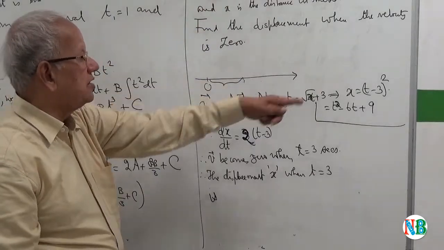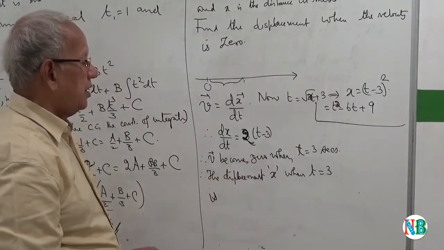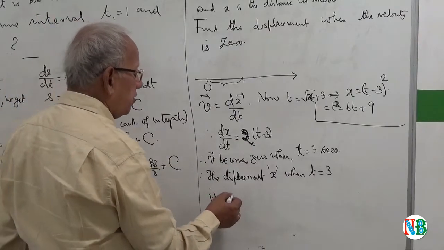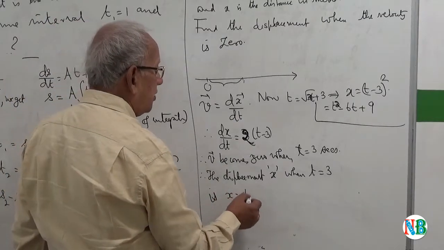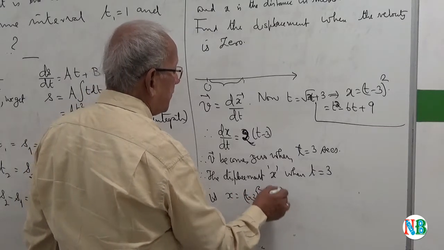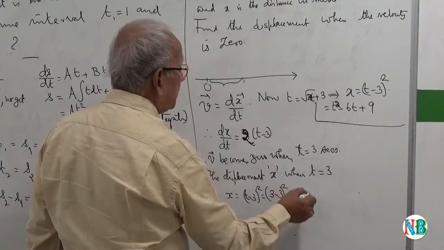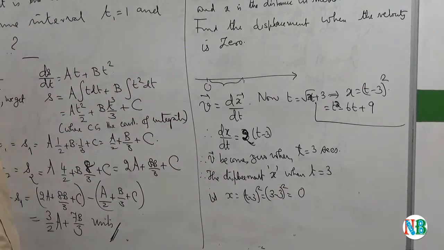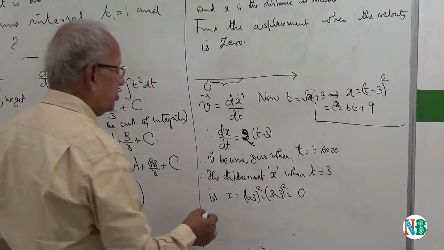X equal to t minus 3 square, correct? Therefore, x equal to 3 minus 3 square, which is 0. Right? So the displacement is actually 0.